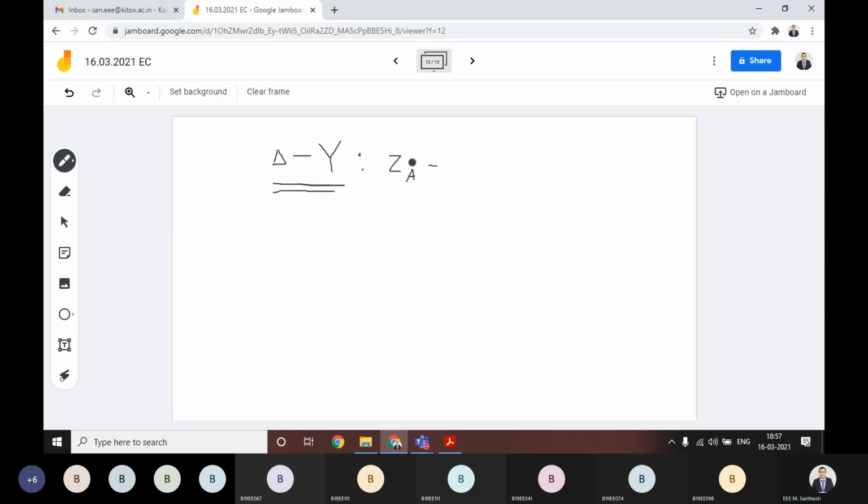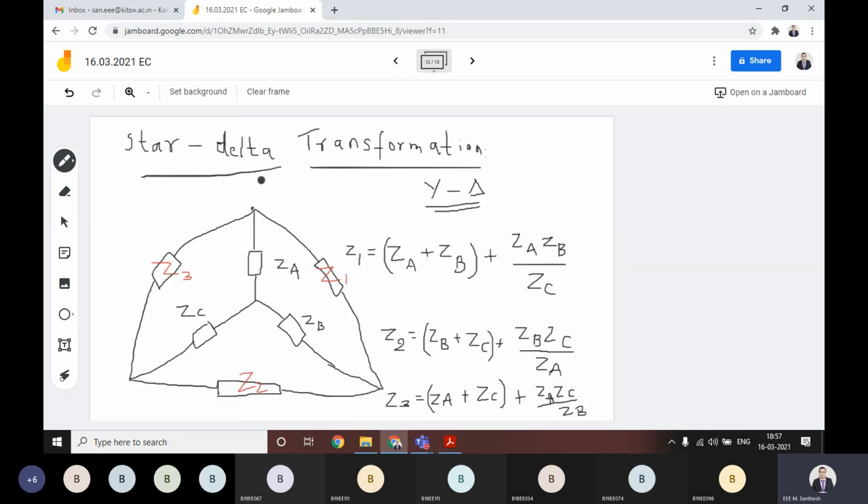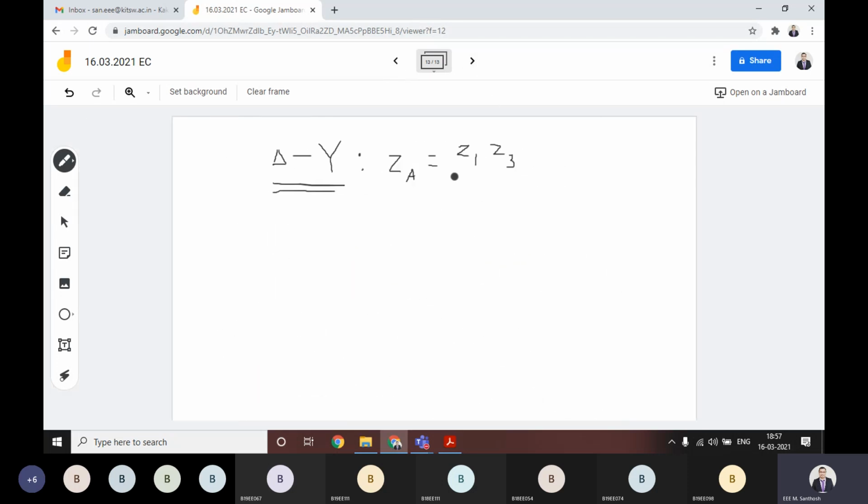Remember this way: both the values which are beside that ZA, Z1 and Z3, will come in the numerator. Then in the denominator, the total sum of all the values, Z1 plus Z2 plus Z3. Above is product and below is sum, total sum.